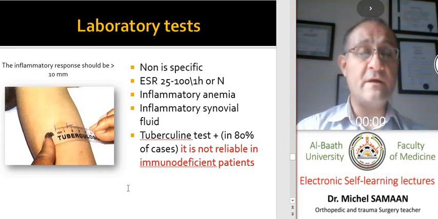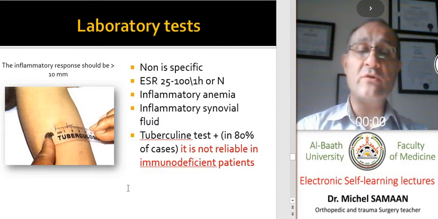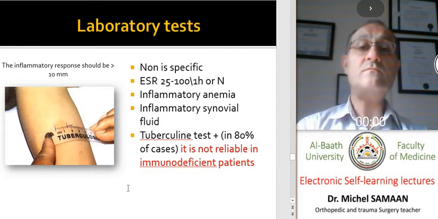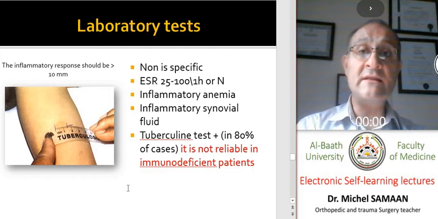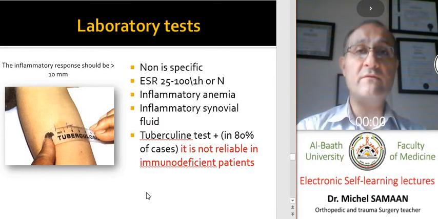We may have indicators of joint infection. If we do a tuberculin test, it's positive in up to 80% of cases, but unless we have immunodeficiency in this patient, we should be worried about this.